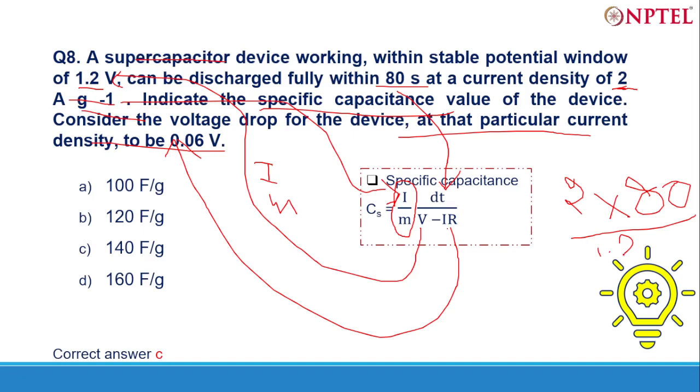Calculate it. You won't be allowed to use a calculator in the exam; there will be an on-screen calculator which you have to use. You can also calculate it without a calculator. It's very easy. You subtract, 1.14.